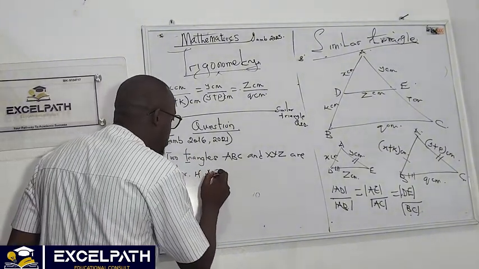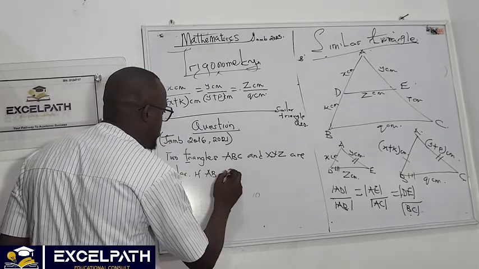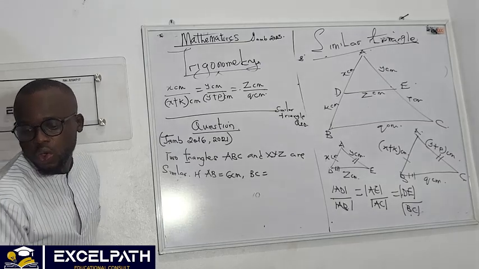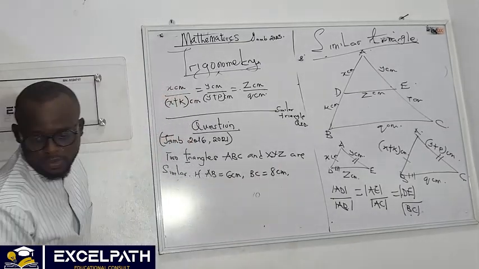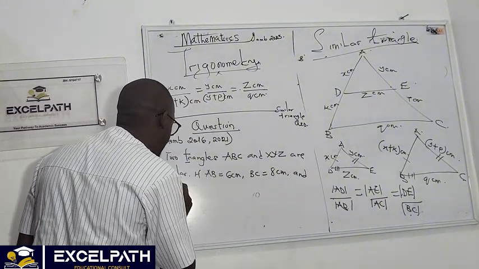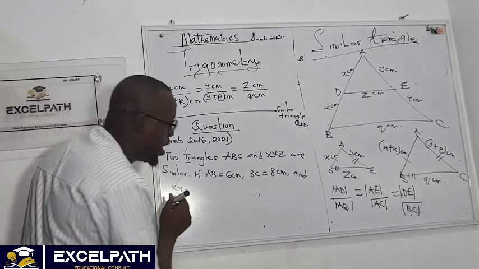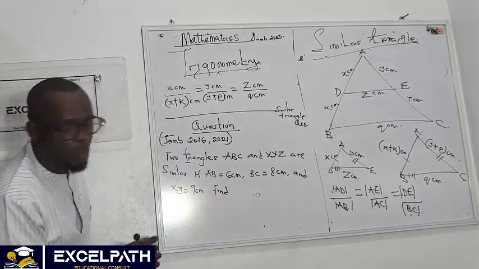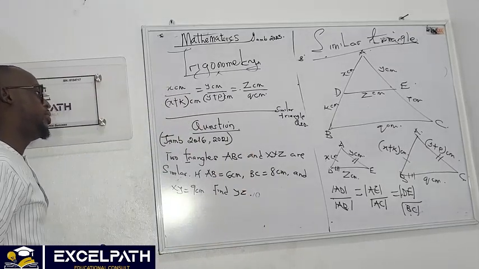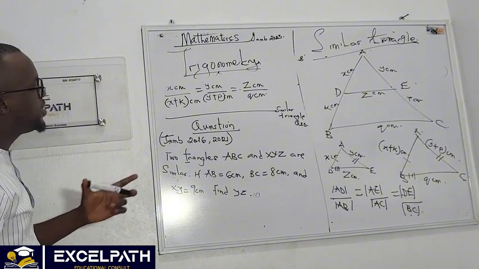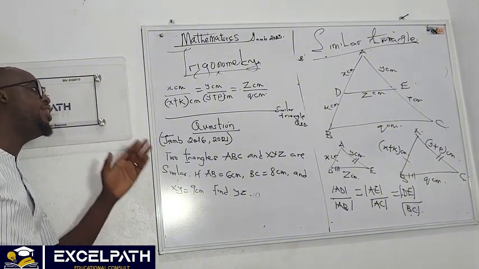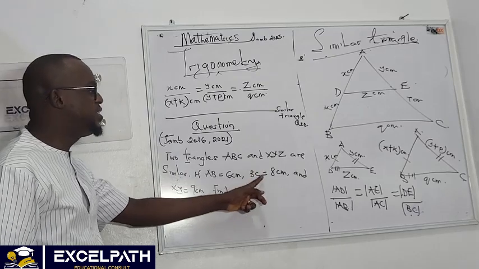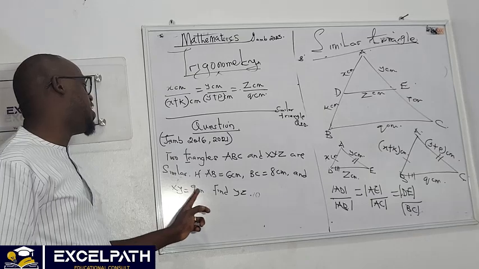If AB is equal to 6 centimeters, BC is equal to 8 centimeters, and XY is equal to 9 centimeters, find YZ.